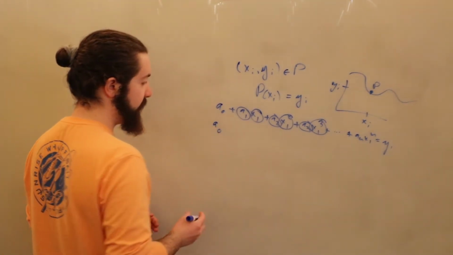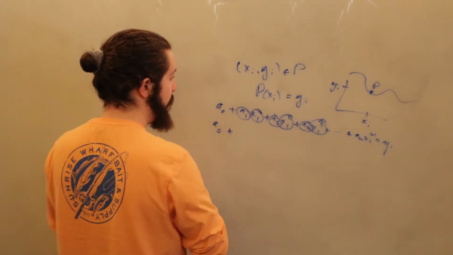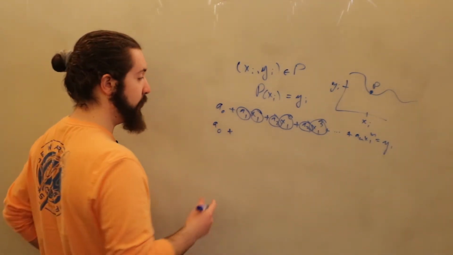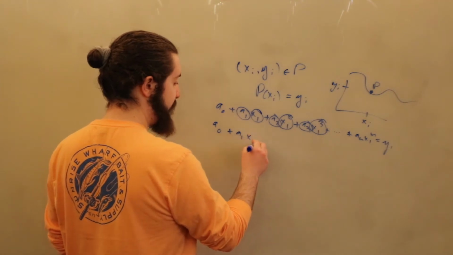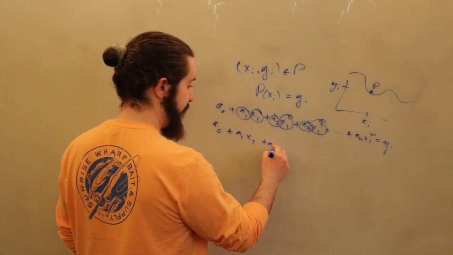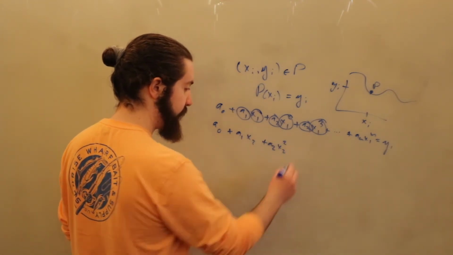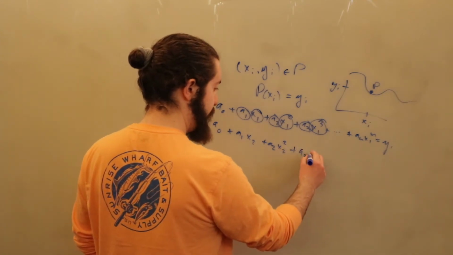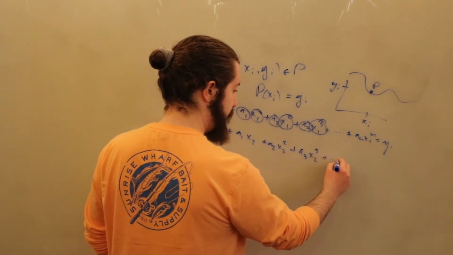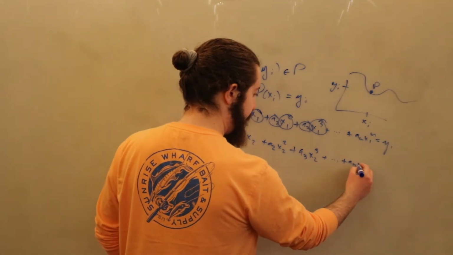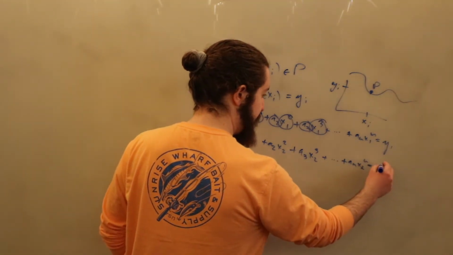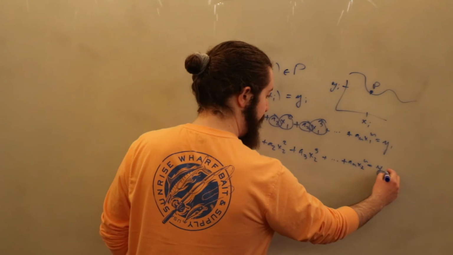Well, this means that we also have to have a0 plus, for the point x2, y2, a1 x2 plus a2 x2 squared plus a3 x2 cubed all the way up to am x2 to the m is equal to y2.